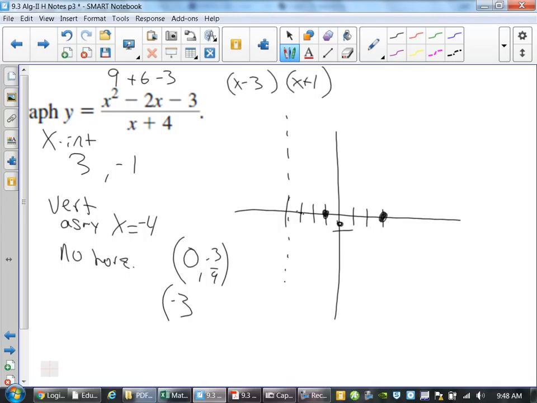What's 12 divided by negative 1? Oh, sorry, 12 divided by 1 here. So it looks like it's probably doing this. And I'm going to explain to you guys the reason why I know that right-hand side is probably doing that.